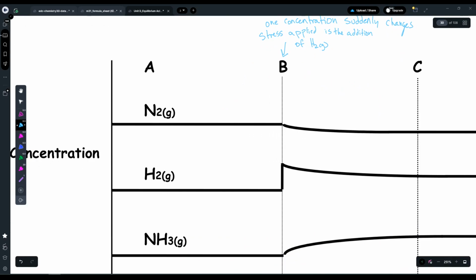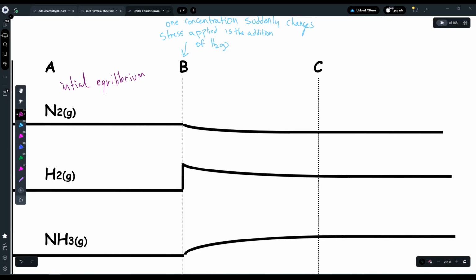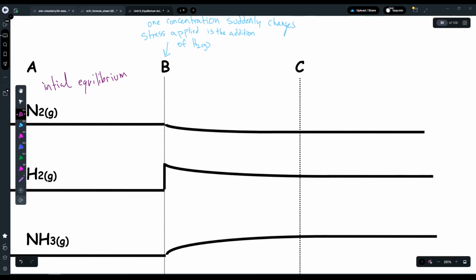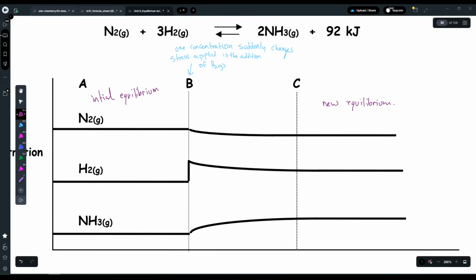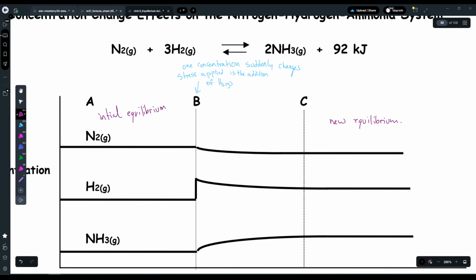Okay, but in between point A and point B, that's the initial equilibrium. Then at point C and onwards, that's the new equilibrium. So with this addition of hydrogen gas, it increases here. That's the stress that was applied.